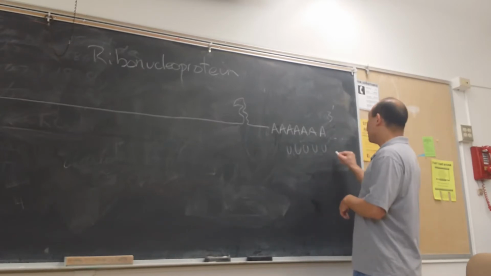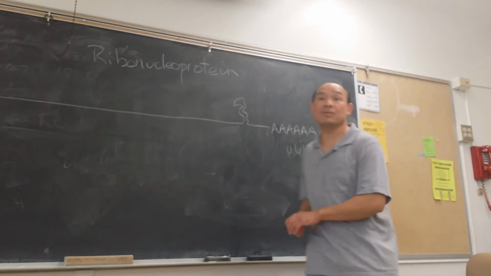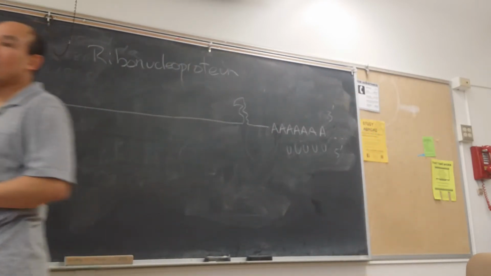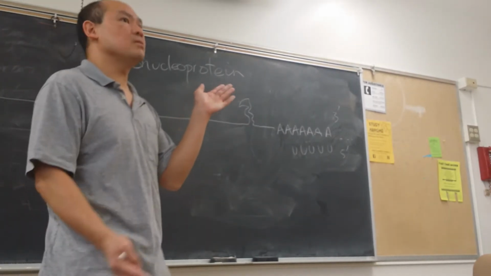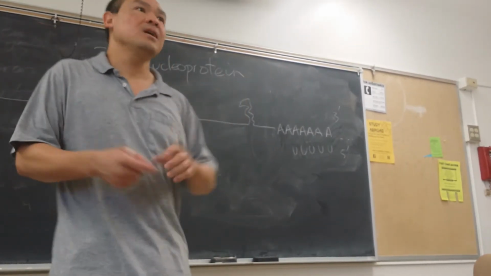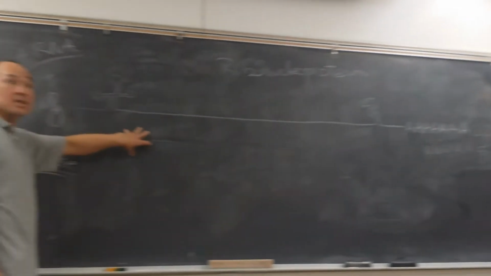So this is 3', that means it's 5'. Right? So that's very important to understand. Okay? And it's roughly something like, I don't know, 50, 60 or so nucleotides long. Okay? So far so good.